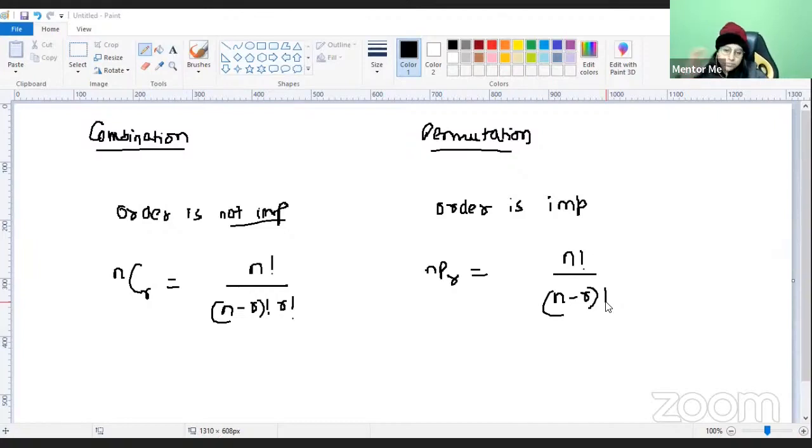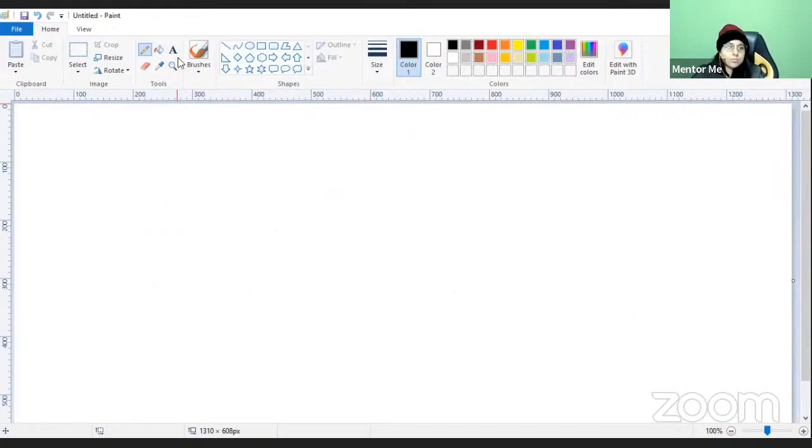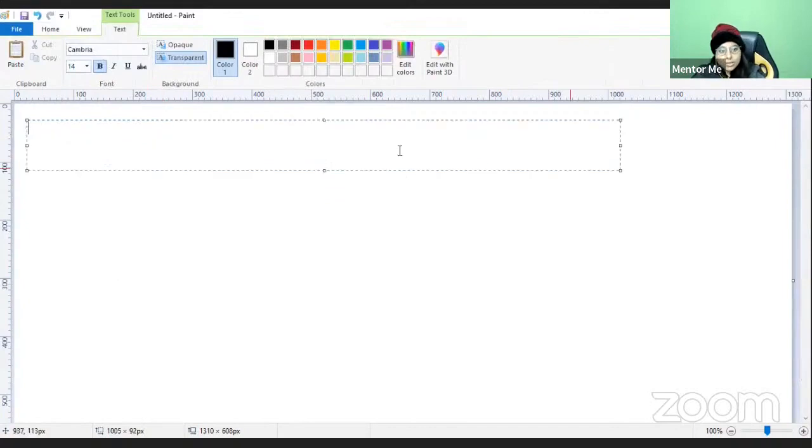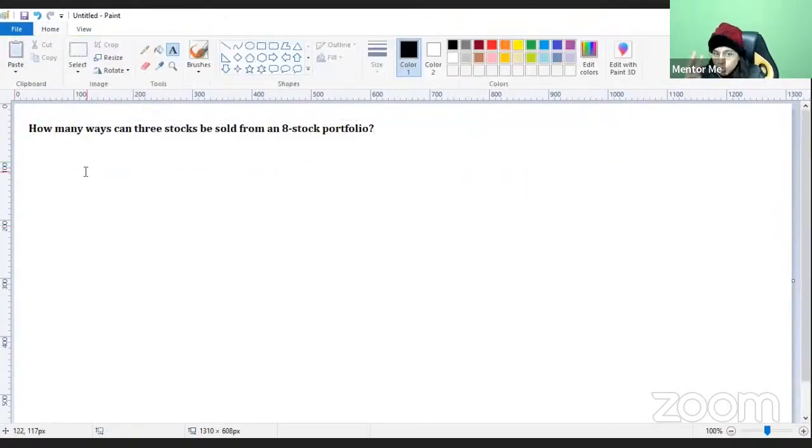Let's see a couple of examples to understand when we will be using NCR, when we will be using NPR, and how to calculate it. Let's take this small example. How many ways can 3 stocks be sold from an 8 stock portfolio?